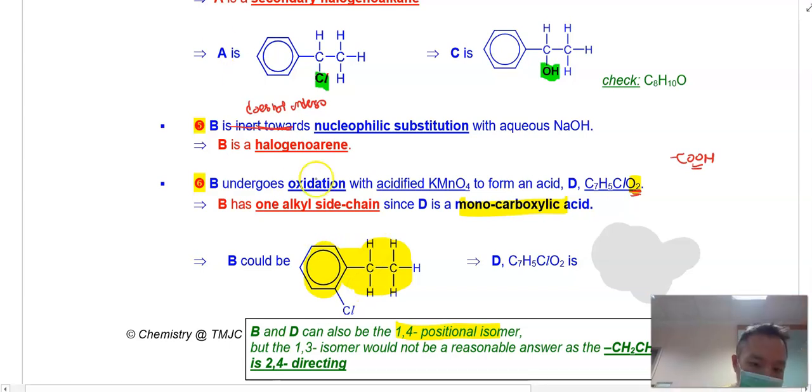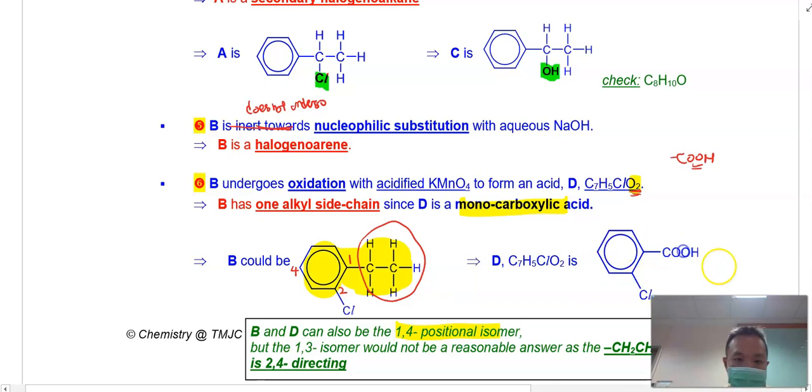So ethyl benzene, position 1, position 2, or position 4, whereas the ethyl group is a 2,4 director. The 3 position one is not likely because, as I said, the ethyl group is 2,4 directing. And D correspondingly, if you oxidize this, CH2CH3 becomes COOH. And you can check the molecular formula, whether it fulfills the requirement.